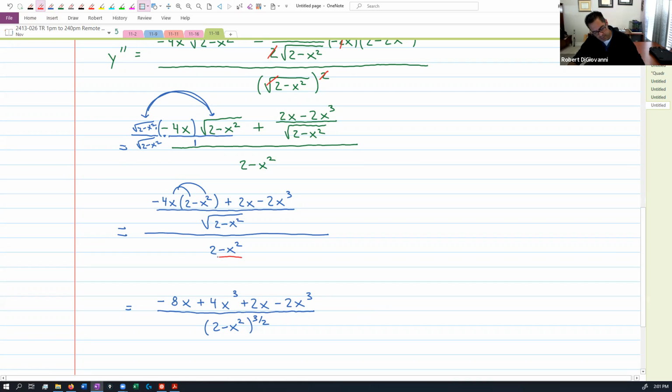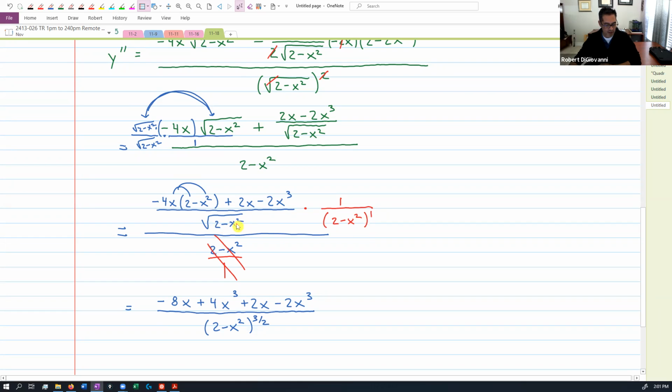I looked at this as being over 1, which means I have a fraction on top of a fraction. And so I multiplied by the reciprocal, like that, instead of this. And then this is 2 minus x squared to the first power.